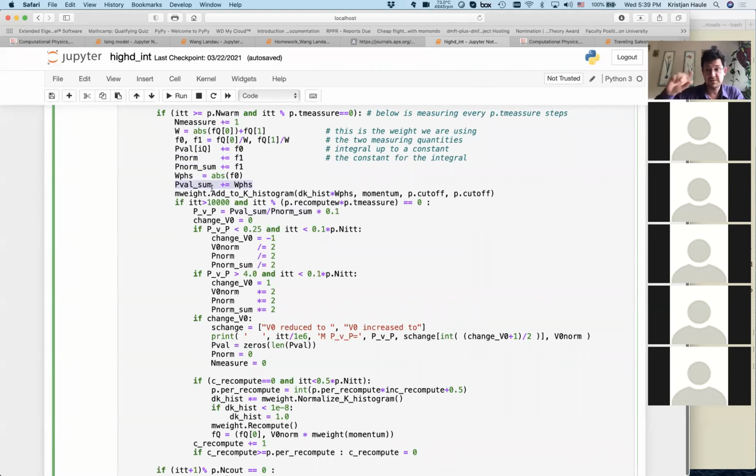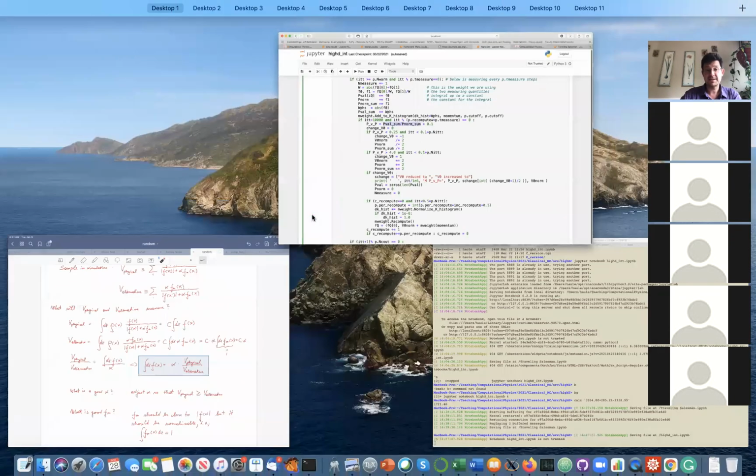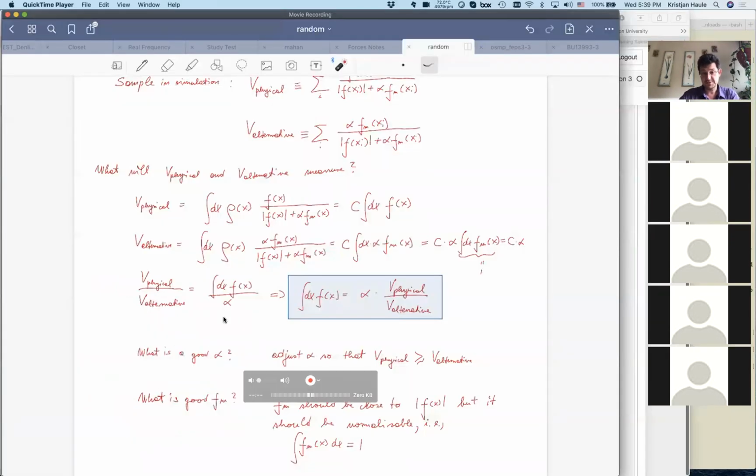So it is the sum of the first component and the second component over a long time. Then we take the ratio of the two components, which is exactly the ratio of V physical divided by V alternative.